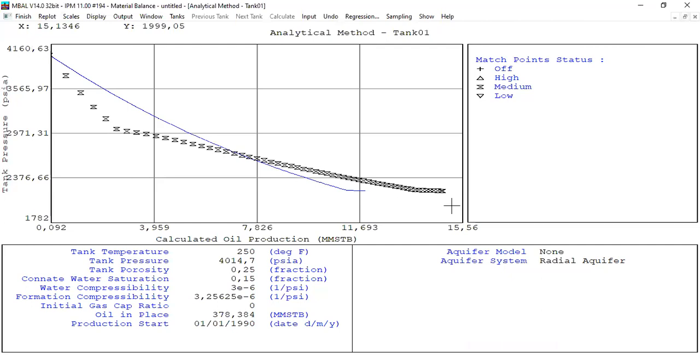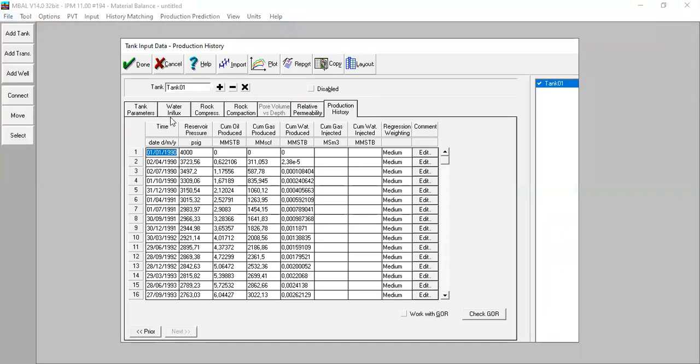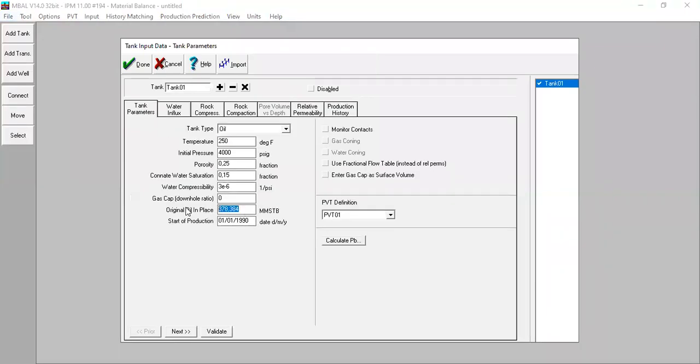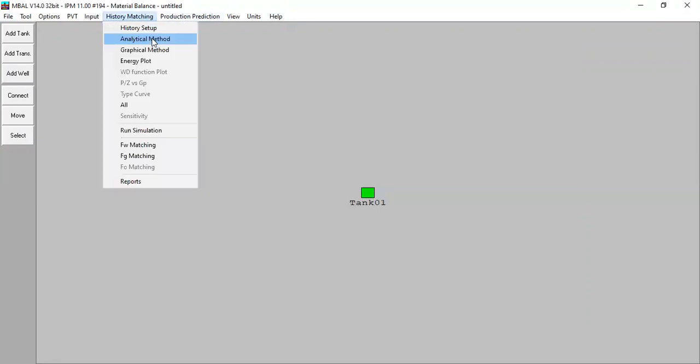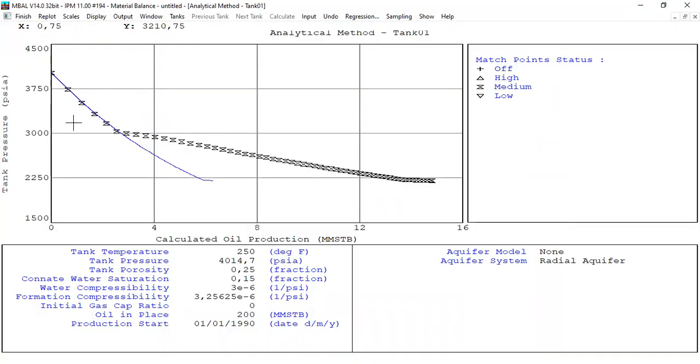Although we increase the oil in place, it still doesn't match. The blue line is from the model, and these dots are the data. So I will make the oil in place go back to 200. Okay, history matching like this. And then I will create another reservoir.